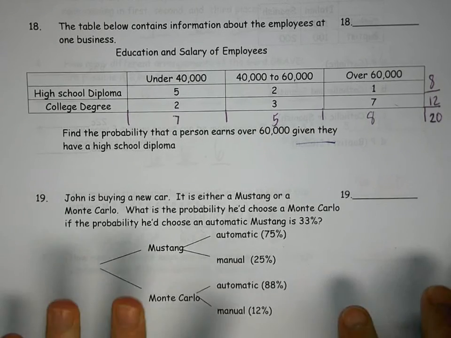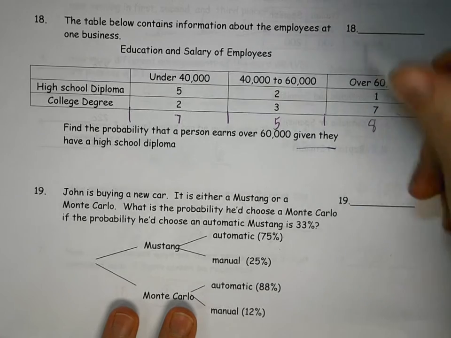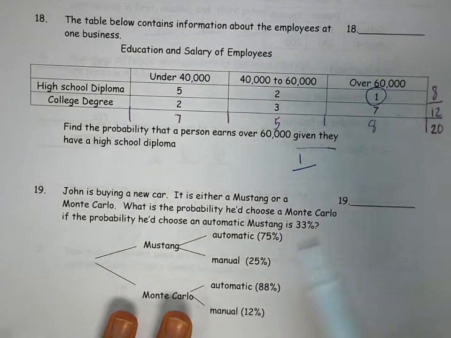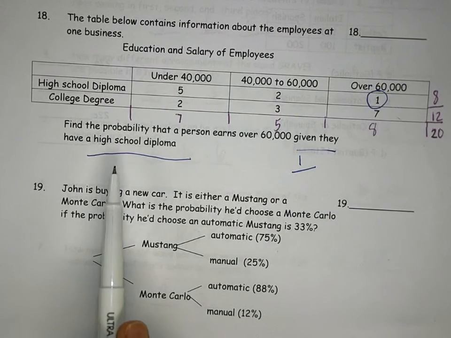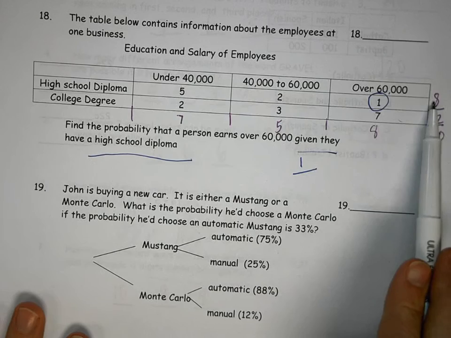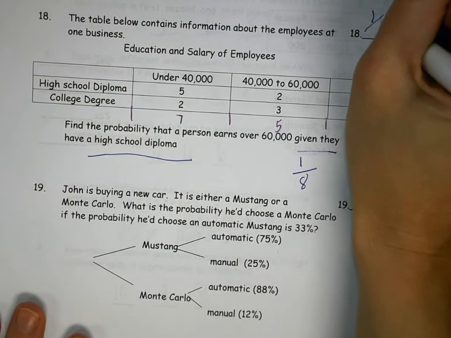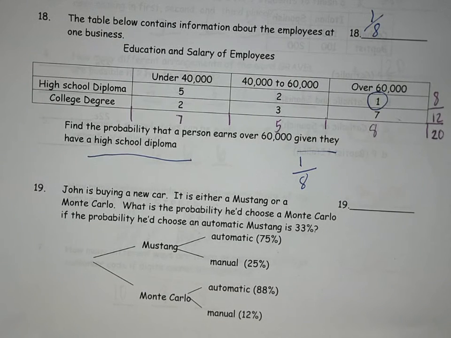So where is this 60,000 and a high school diploma? How many people? One. It's right here. There's one of them, divided by the total of what comes second. So you need to go to high school diploma and find the total, which is 8. And that's your answer. So it's where they're together on top and the total of the second one on the bottom.